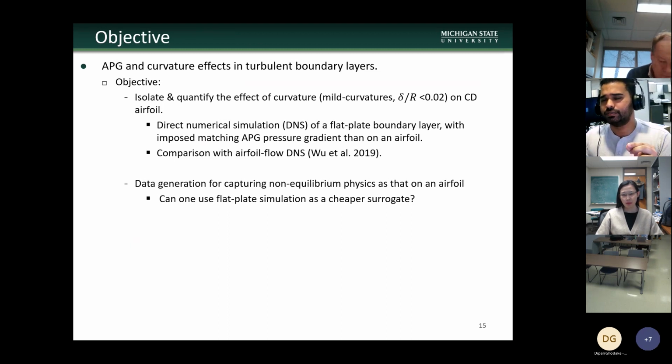With the pressure gradient matched in both cases, the differences will help us uncover the curvature effects which are present in the airfoil, right? And the second part of it is that if the turbulent boundary layer is very similar in both scenarios and the curvature effects are minimal, then can these flat plate simulations act as a cheaper surrogate instead of running a whole airfoil simulation?